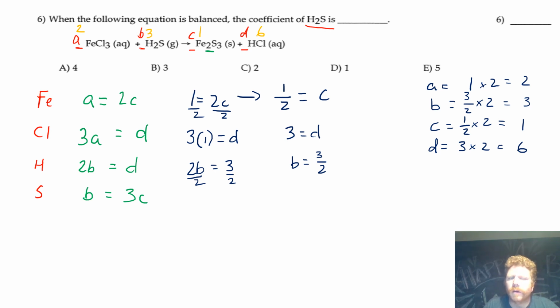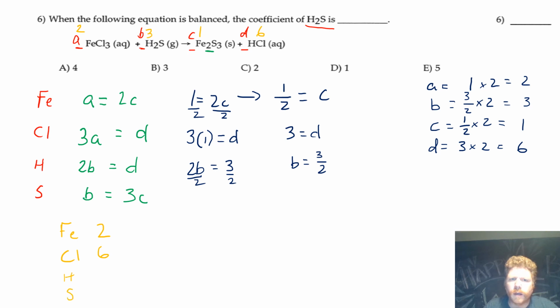We simply do it by looking at our coefficients and the numbers of Fe, Cl, H, and S. Okay, so on my reactant side, Fe, I've got 2 as my coefficient, so there are 2 iron. Cl, I've got 6 Cl because my subscript is 3 and I've got a coefficient of 2, so multiply 3 times 2.